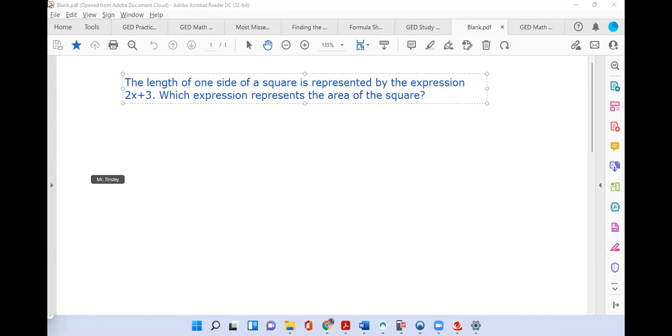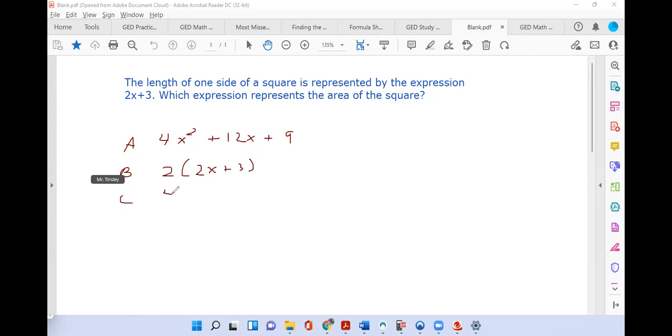And I'm going to write the 4 options. I'm going to give you a minute or 2 minutes and see who gets this problem. A is 4x squared plus 12x plus 9. B is 2 times 2x plus 3.